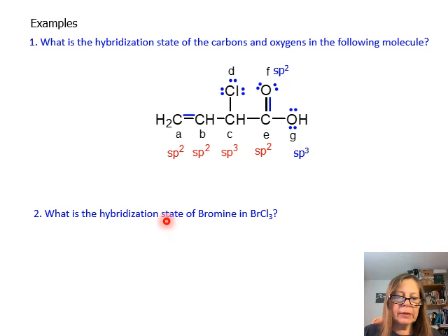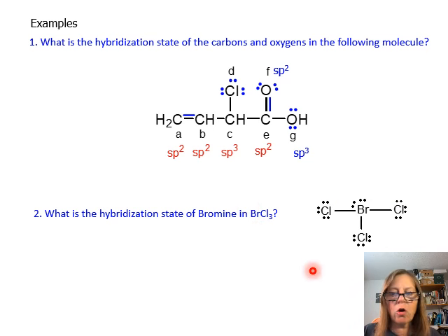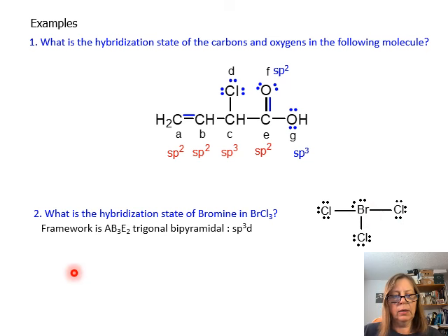Okay, let's do an example with bromine in BrCl3 and answer the question, what is the hybridization state of the bromine in BrCl3? For this, we need to first write a correct Lewis structure. And you see that this is an AB3E2 framework.